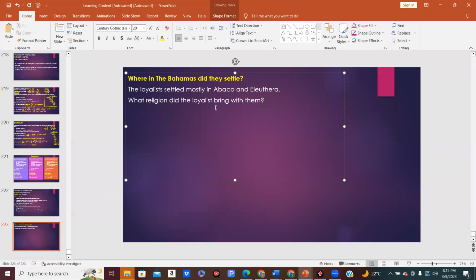Anyone know? Like, what church did they build? No, the loyalists. Was it the Anglican Church? The loyalists were generally Anglican.